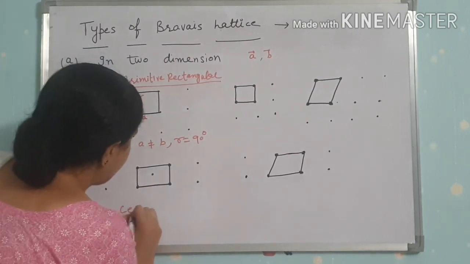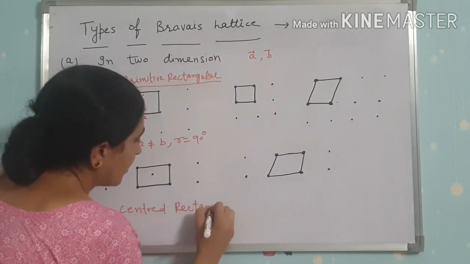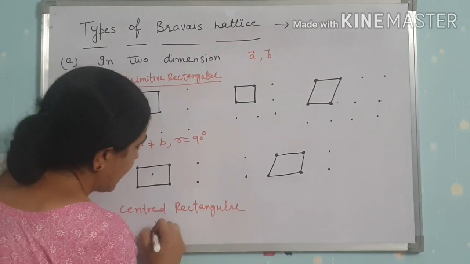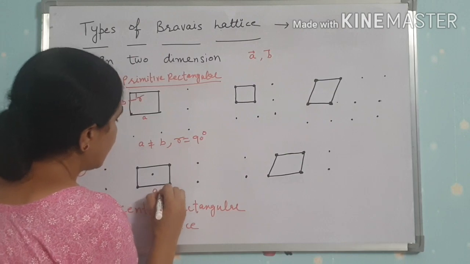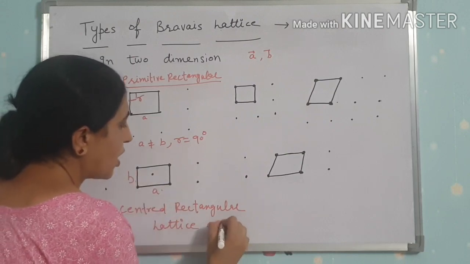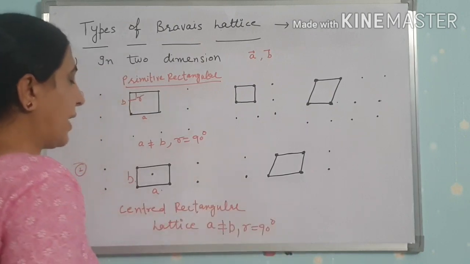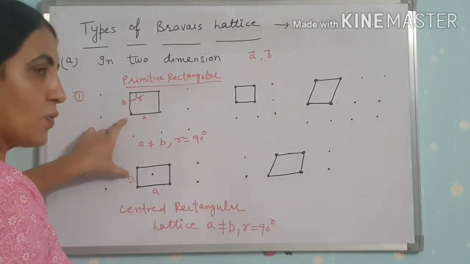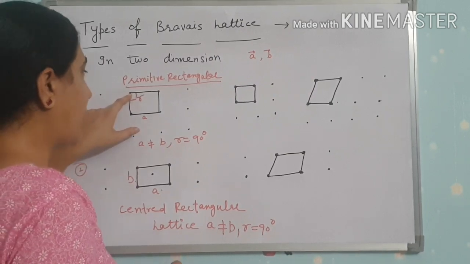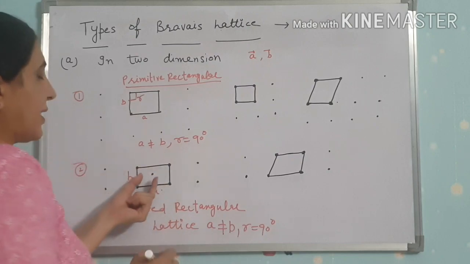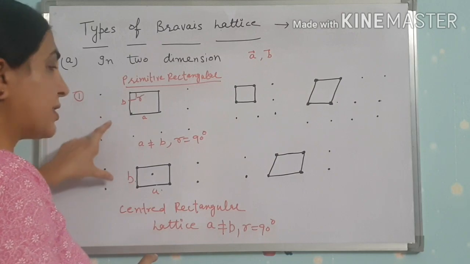Here this is a, this is b; a is not equal to b, and gamma is also equal to 90 degrees. The only difference between these two is that the first is primitive, because points are only at the corners, but in this one there is also a point at the center. So we discussed 2.